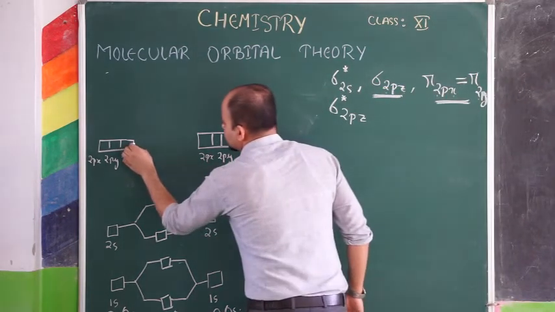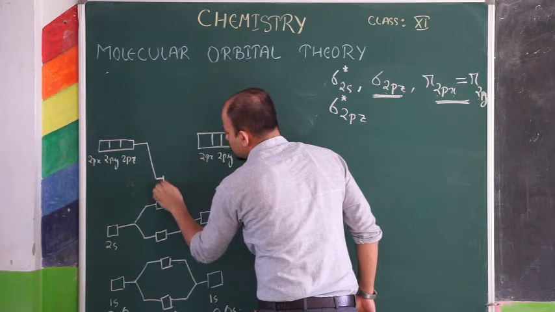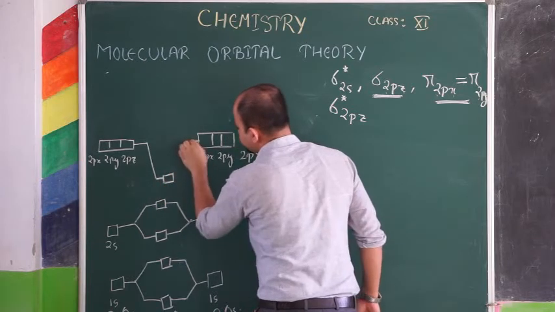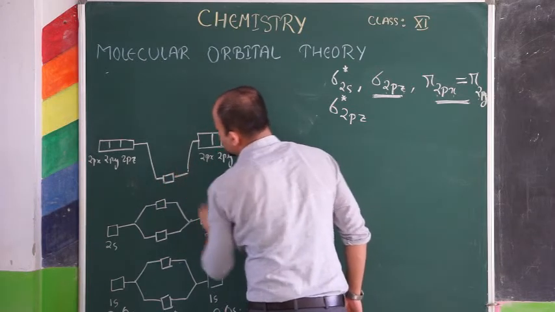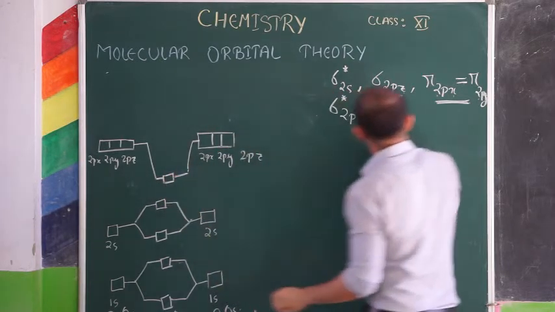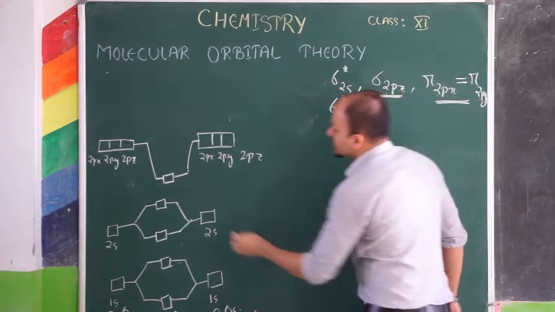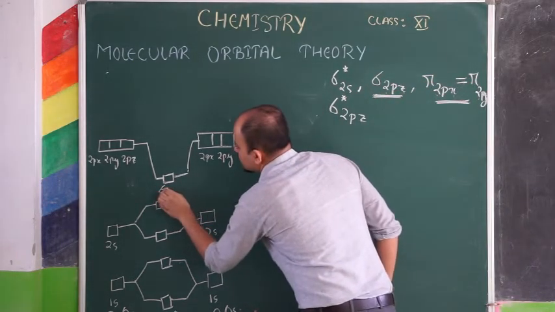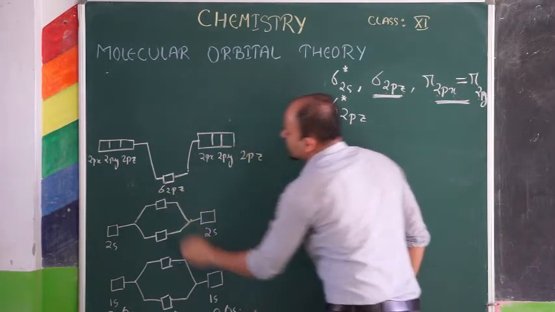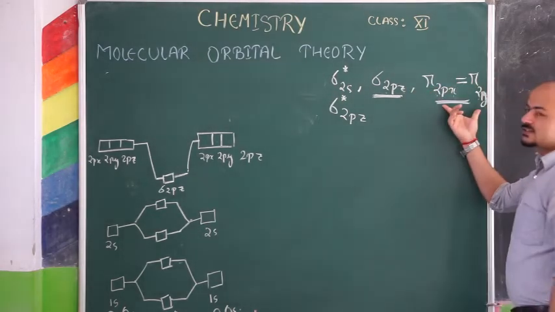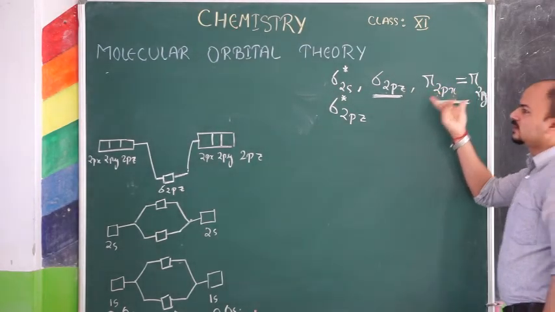Therefore, here one molecular orbital will be sigma 2pz. So let me write it, sigma 2pz. Then come these two orbitals which have equal energy.